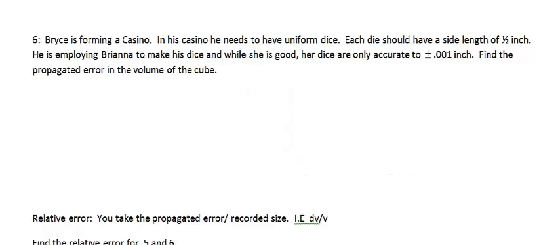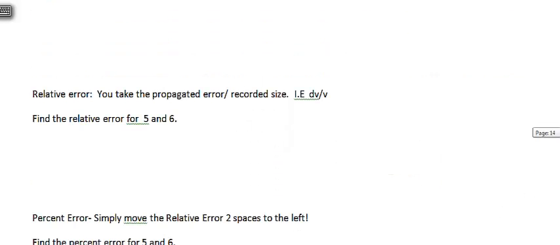So what engineers are generally more interested in is the relative error. All you have to do is take your propagated error and divide it by the actual volume. So let's say you get a propagated error of 0.075, and then to find the relative error you just divide it by the actual volume, your side cubed.